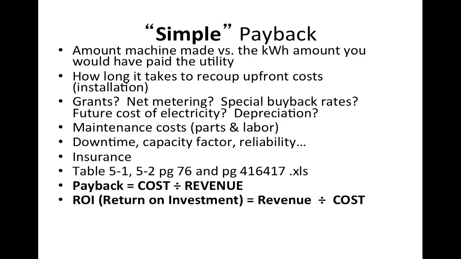It used to be, and in some states it still is, that the utility companies would pay for that extra energy at the retail rate. So if I buy electricity for 14 cents a kilowatt hour, I sell it back to the power company for 14 cents a kilowatt hour. Anymore, they're trying to push back and instead only give the person what's known as avoided costs.